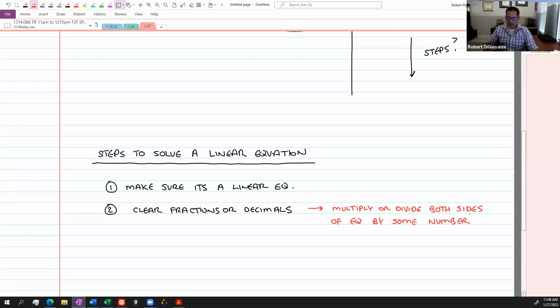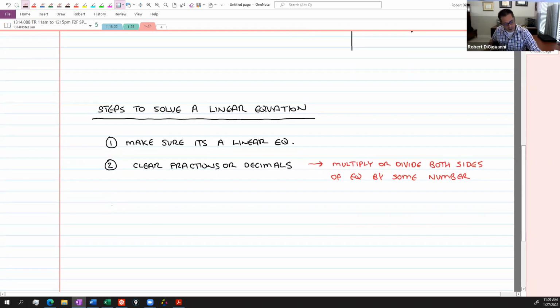We're trying to clear fractions and decimals, and to do that, we'll be multiplying or dividing both sides of the equation by some number.